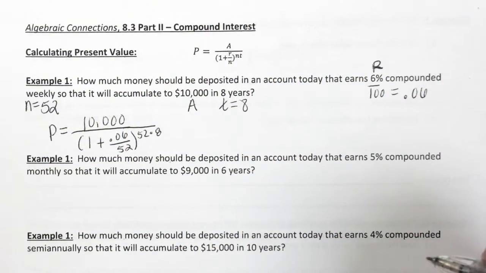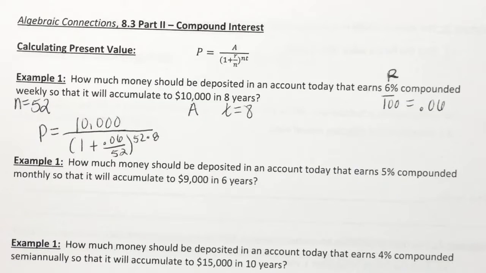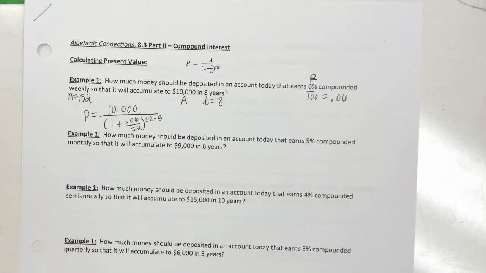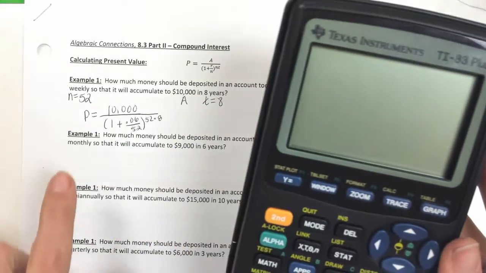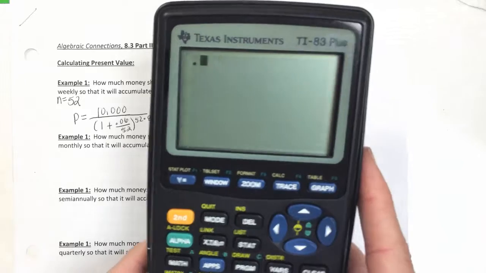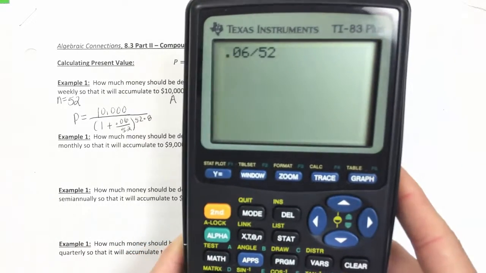Alright, so when you're typing this in your calculator, and I'll show you how to type it in, let me zoom out. The best way to type it in your calculator is going to be to start with the 0.06 divided by 52. So I'm going to type that in the calculator now. 0.06 divided by 52.